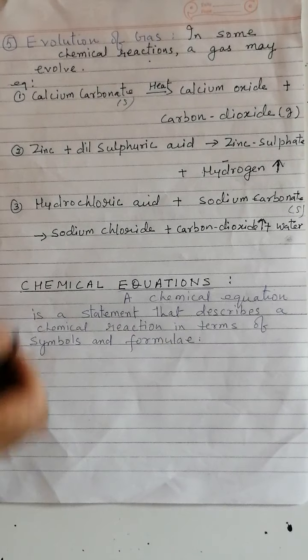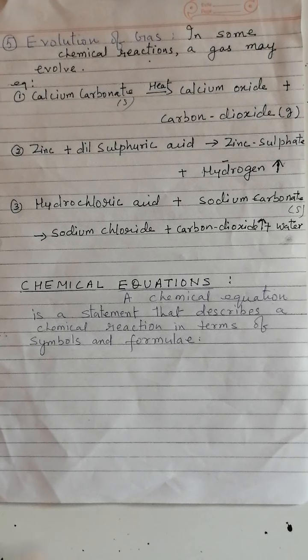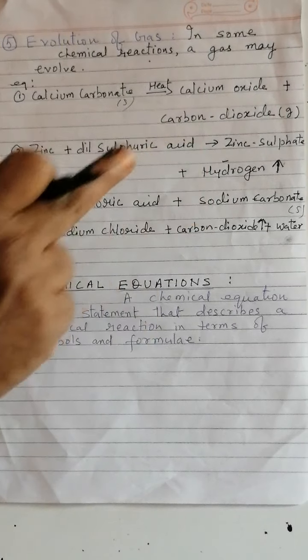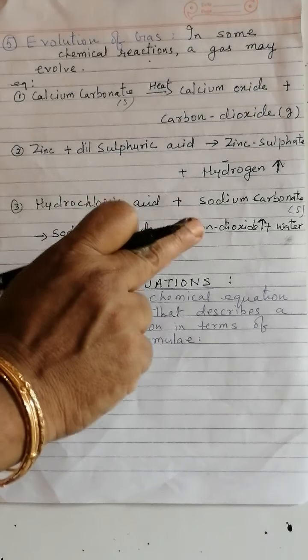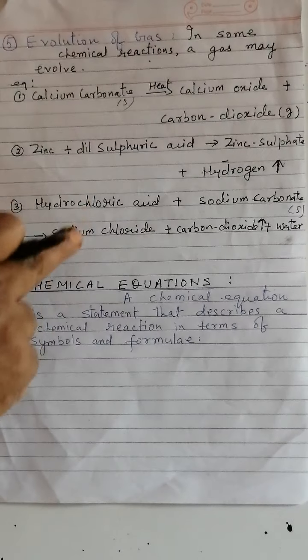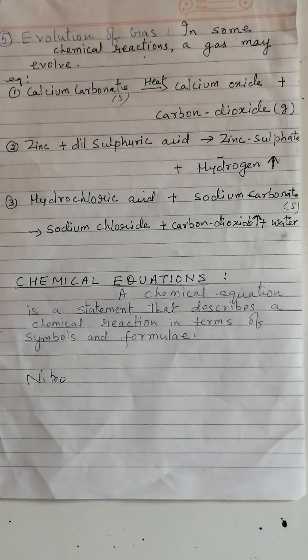For precipitate, you can show it pointing in the downward direction, or you can write G for gaseous state. So here hydrochloric acid reacts with sodium carbonate to form sodium chloride, carbon dioxide gas, and water. So these are the examples to show that a chemical reaction may lead to the evolution of gas. Now my next topic is chemical equations.